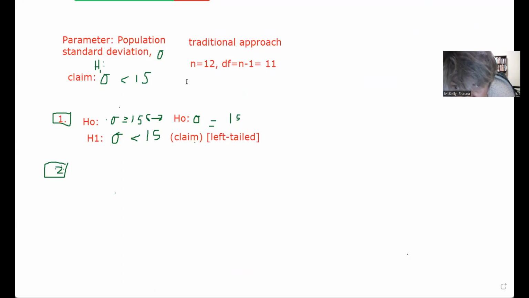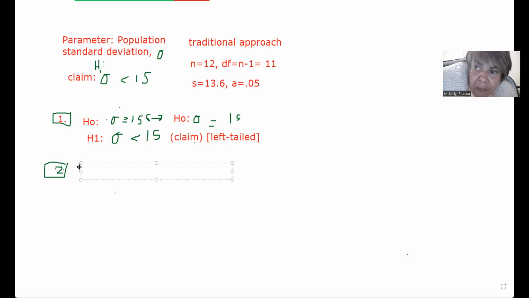And my alpha, actually, let me write S. My sample standard deviation was 13.6. And my alpha was 0.05. Okay, so now I need my critical values.